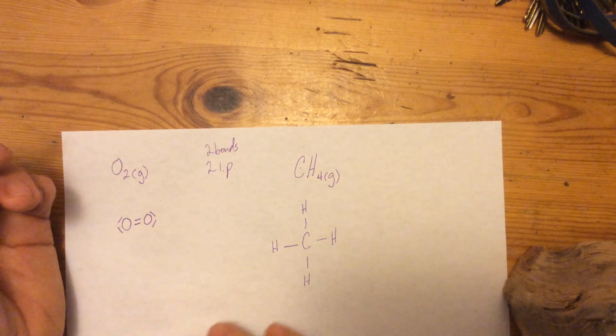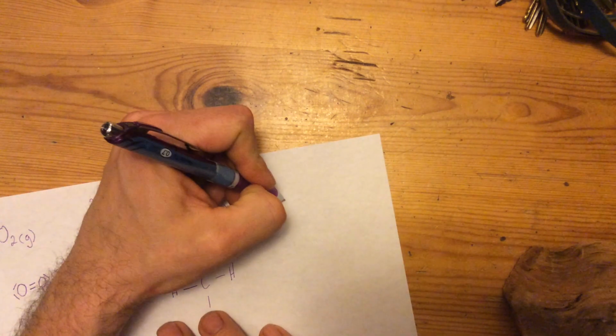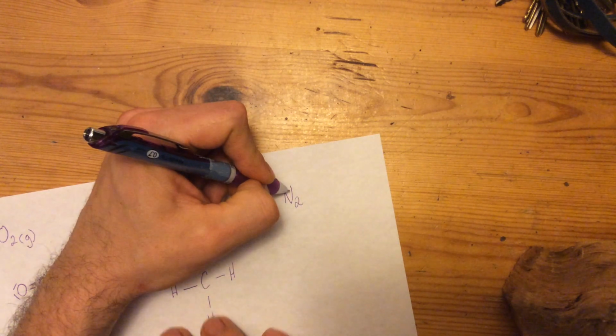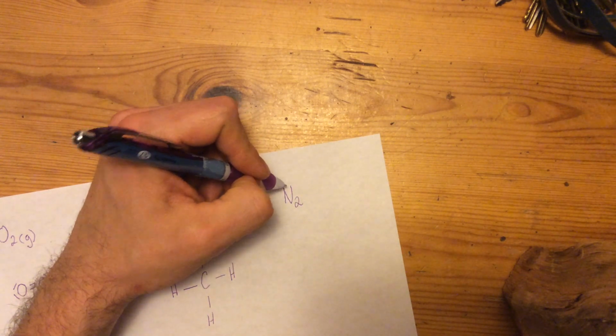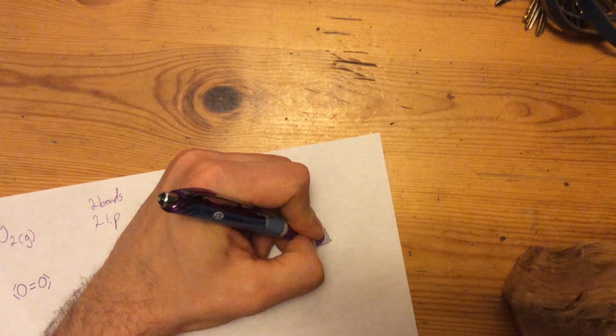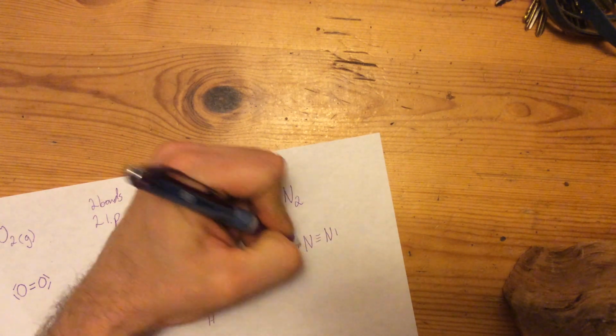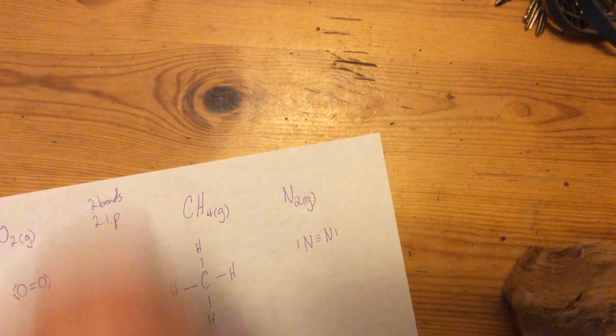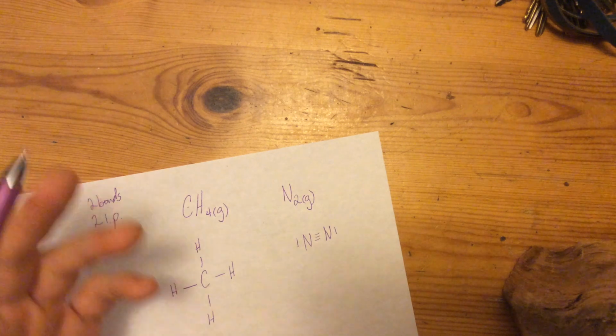And you can keep doing this. Nitrogen wants 3 bonds. Nitrogen's a diatomic. Nitrogen has 1 lone pair. And so you can draw nitrogen with 3 bonds and 1 lone pair. That would be nitrogen gas, which makes up 70% of the atmosphere. It's all around us.